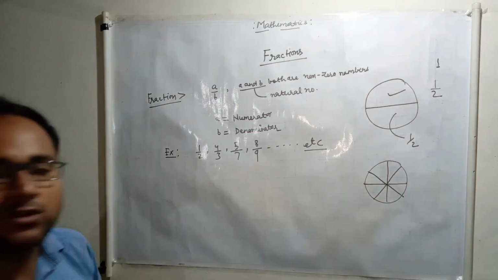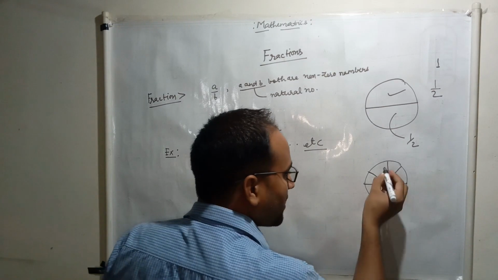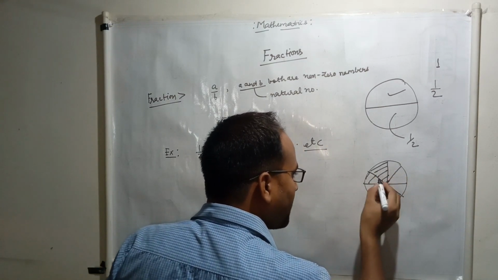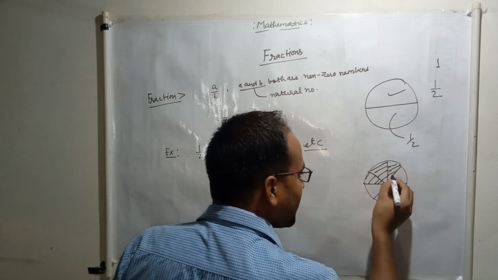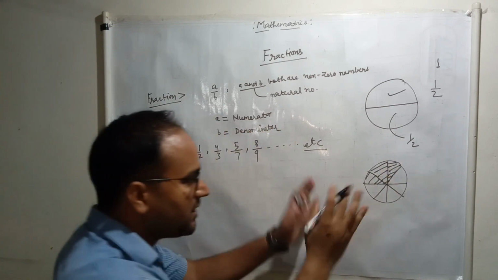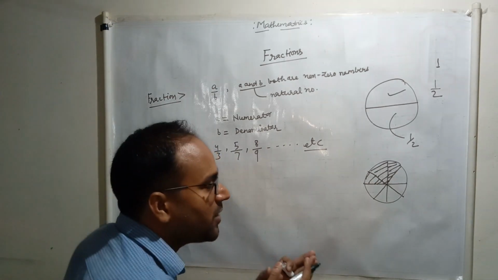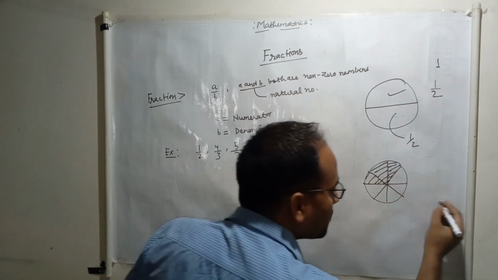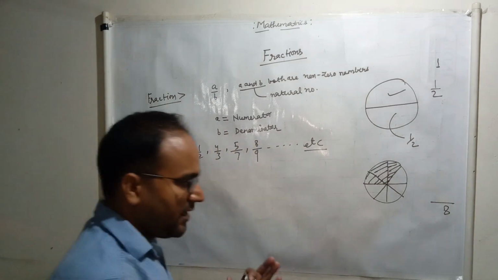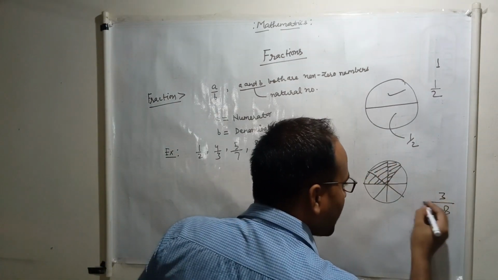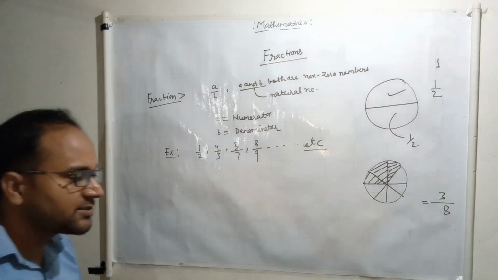Can you tell what is the value of this shaded region? Total is a whole 1 divided into 8 equal parts, so the total number is 8. How many parts are shaded? 1, 2, 3. So this shaded region is 3 upon 8, students.